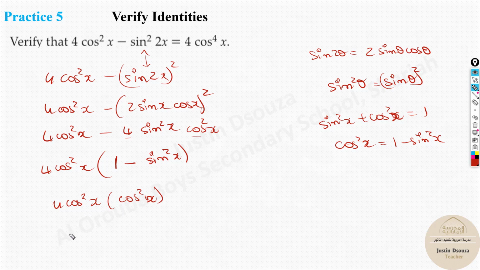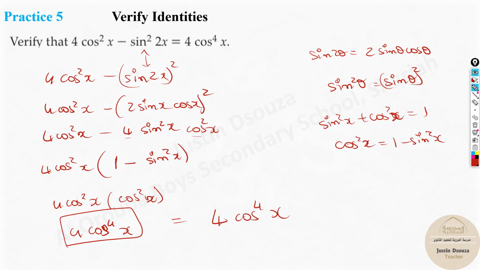If you multiply these powers, 2 plus 2, when you multiply, the powers are added. It will be power 4x. And yes, that is what we wanted. 4 cos to the power 4x is the right hand side. They both are equal, so hence we have proved it.